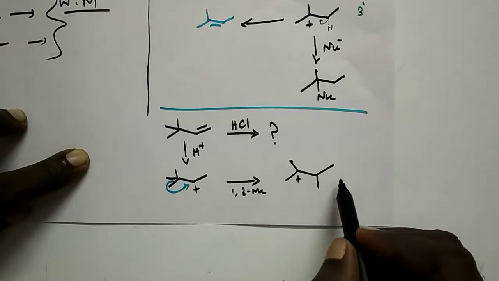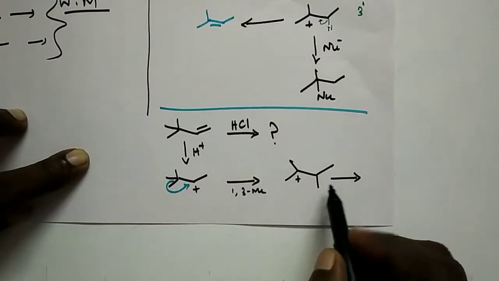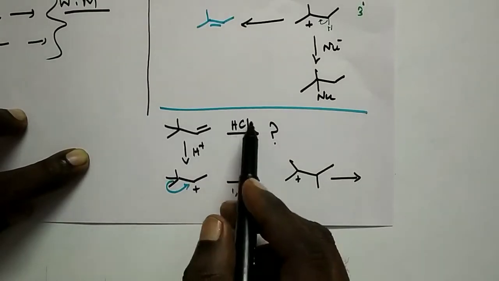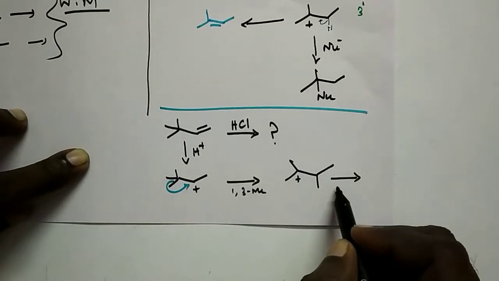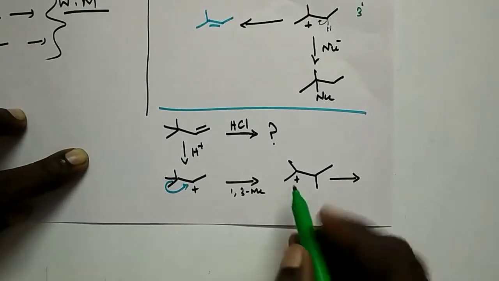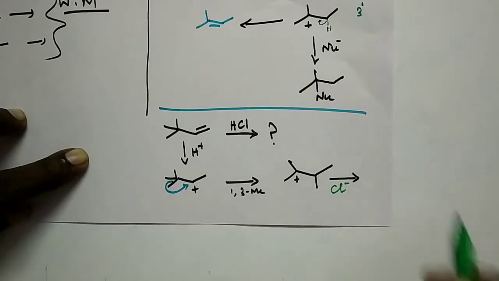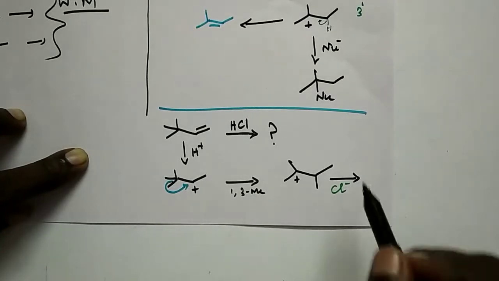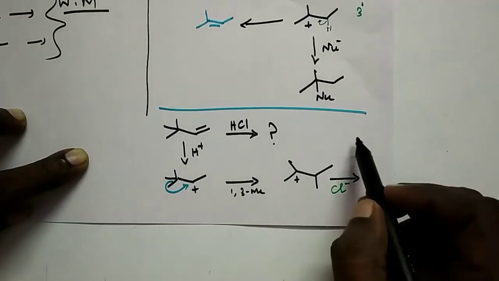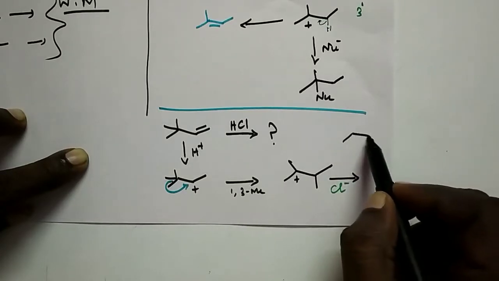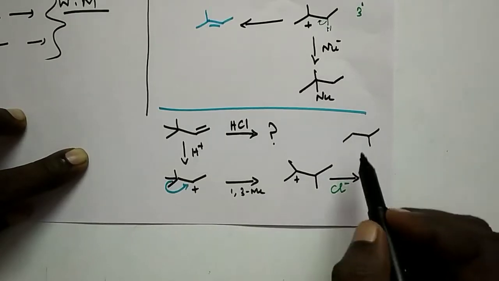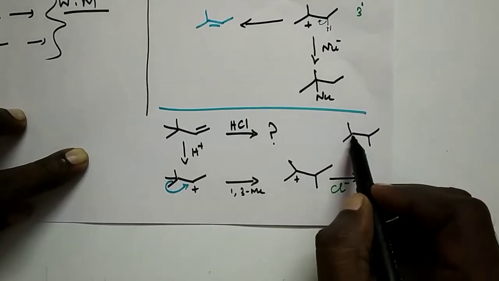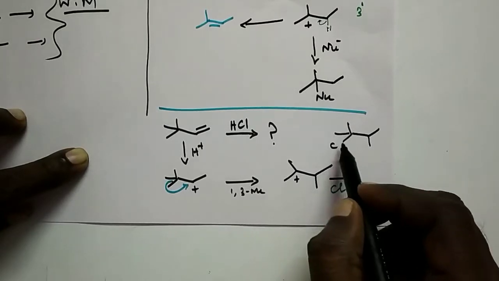Now the chlorine, because it is H plus Cl minus, the now chlorine Cl minus, the nucleophile reacts and you will be getting chlorine.